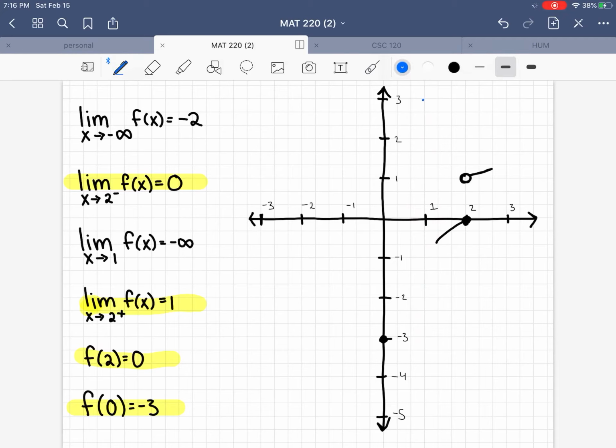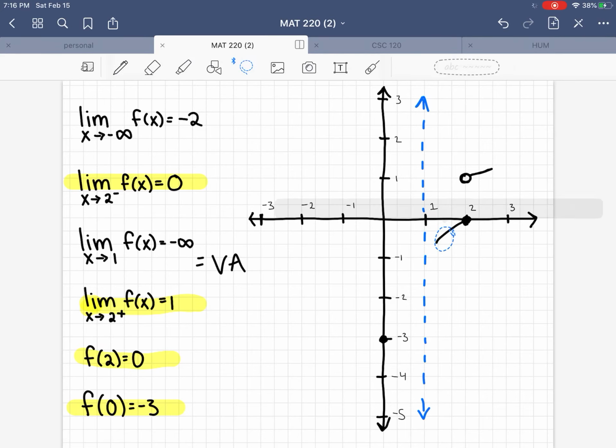We'll put in a line here. What that means whenever you have that, our limit as x is approaching a certain number being equal to infinity or negative infinity implies that we have a vertical asymptote.